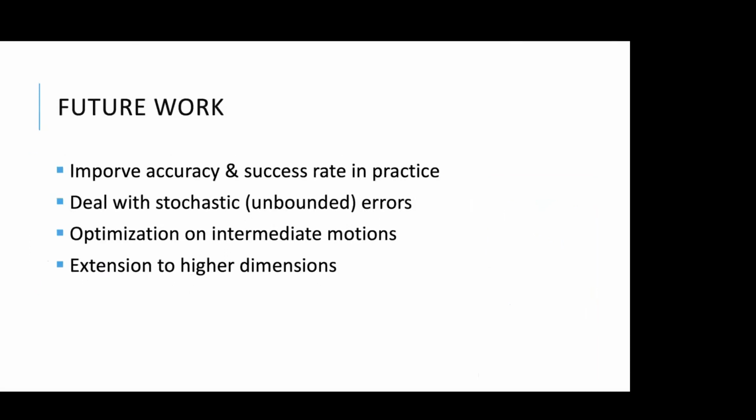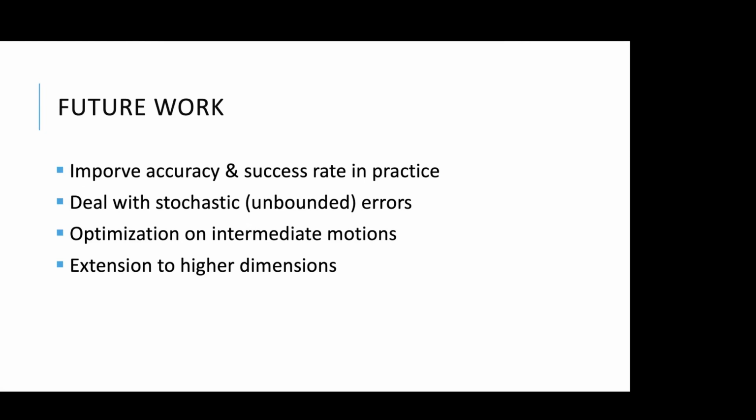This also leads us to what is left to do, and the answer is quite a lot. It is to improve the accuracy in practice, because we want our algorithm to be useful, and we have preliminary results, which we hopefully will publish.